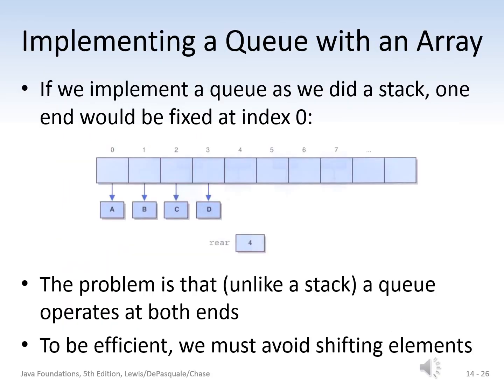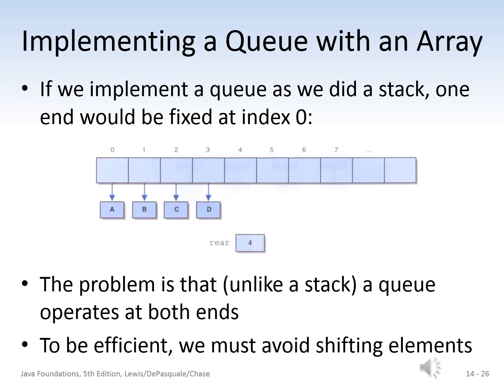Next, we're going to implement a queue using an array. However, I will say that I think it's easier to implement a queue with a linked list, but we'll go through both. If we implement a queue the same way we did a stack, one end would be fixed at index 0. The problem is that unlike a stack, a queue operates at both ends.